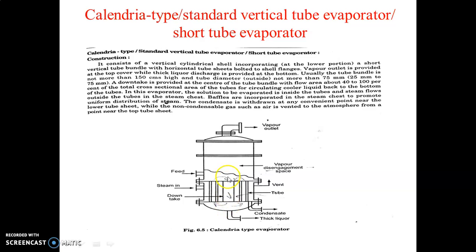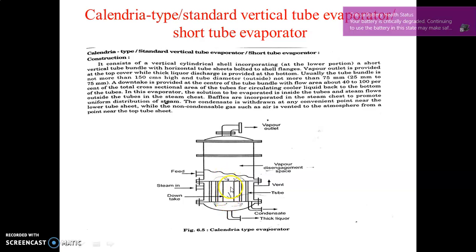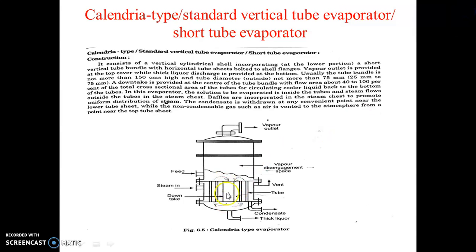The downtake is nothing but a pipe having a larger diameter. I will show the figure in the next slide. So this is called a downtake. What is the flow area in this downtake? 40 to 100% of the total cross-sectional area is maintained in this downtake.